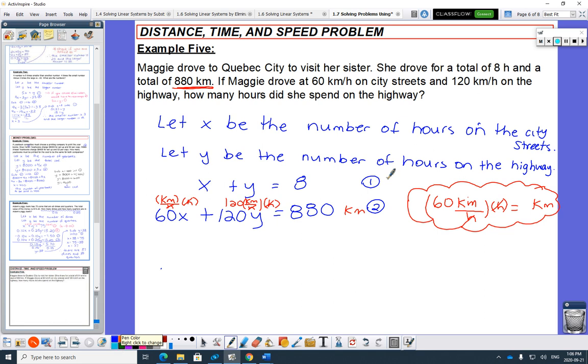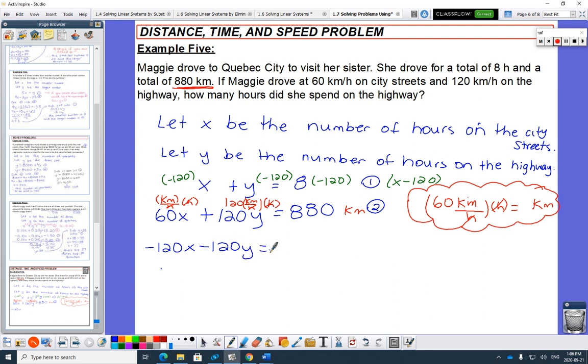I'll do elimination solving for y. So this time the y is going to cancel.